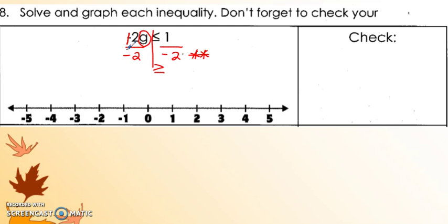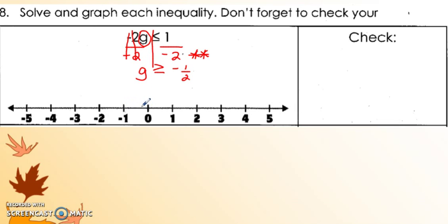I canceled out the negative and I canceled out the number. The inequality symbol has been switched. And I have 1 divided by negative 2, which is negative 1/2. Now, I'm going to go down here and I'm going to go to negative 1/2.